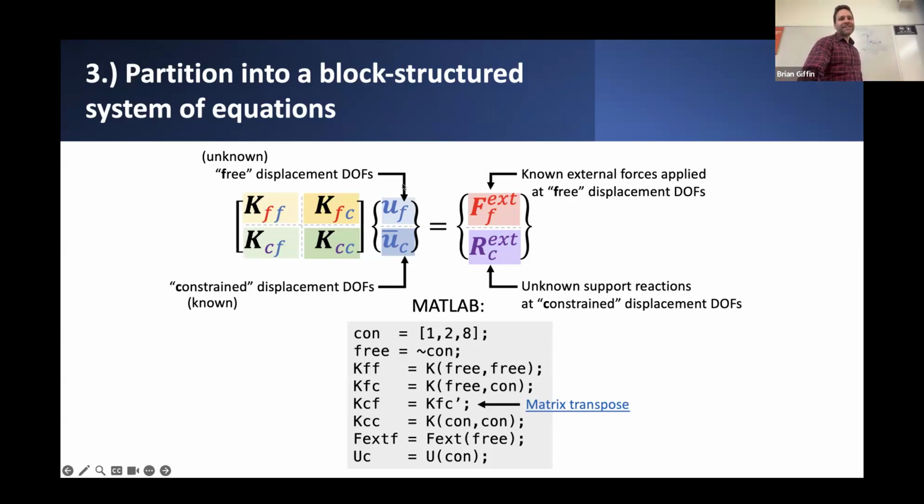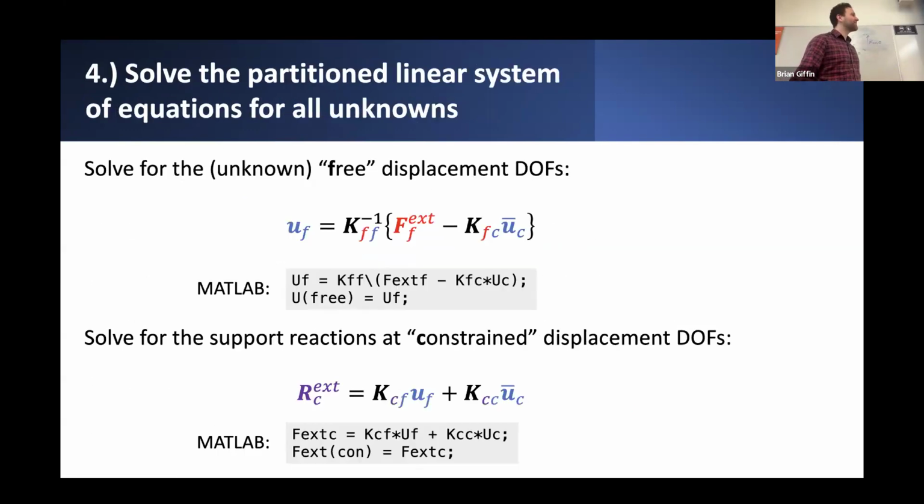So all you have to do is identify which degrees of freedom are constrained, which degrees of freedom are free, and then rearrange the degrees of freedom in the stiffness matrix and these vectors of unknowns and external forces in order to permute that system of equations into a block-structured format that looks like this. And then the procedure for actually solving that system of equations is just 2 lines in MATLAB, basically.